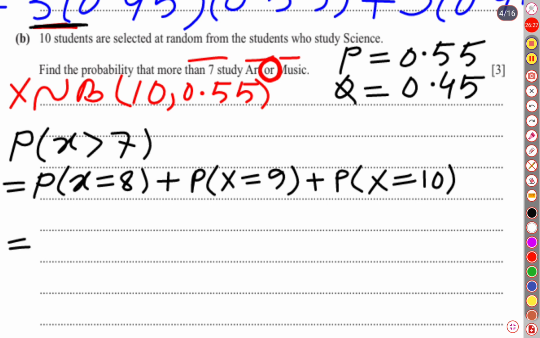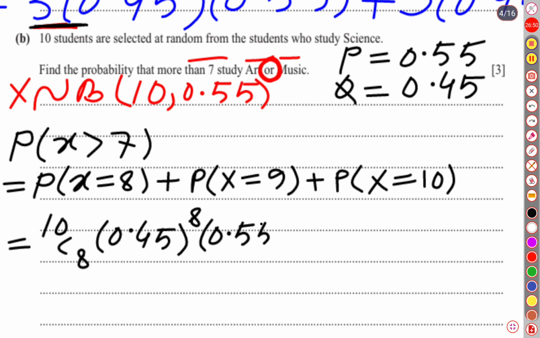So let us write, out of 10, if 8 chose art or music, so 10 choose 8, and the probability of choosing art or music is 0.55 raised to 8 students chosen this, so the rest 2 students didn't choose, 0.45 squared, plus out of 10, 9 students chose this, so 0.55 raised to 9.